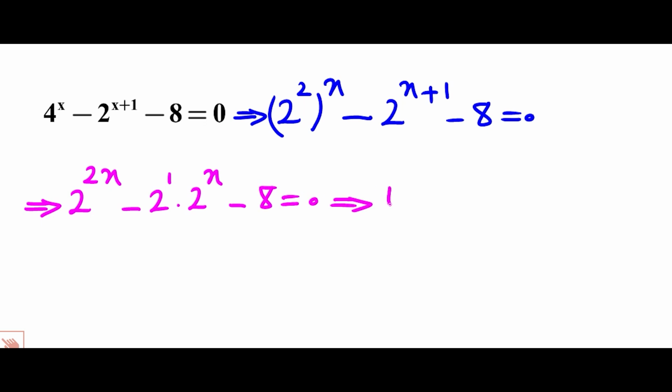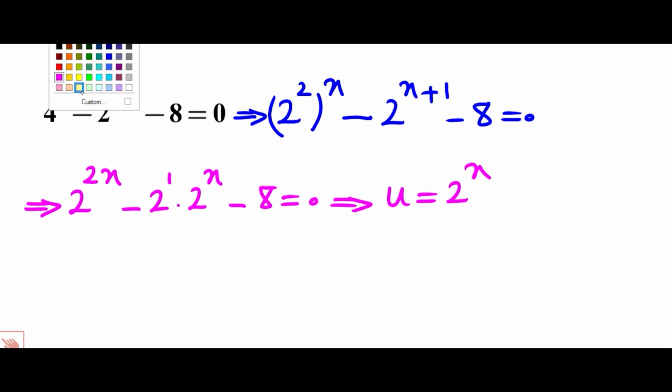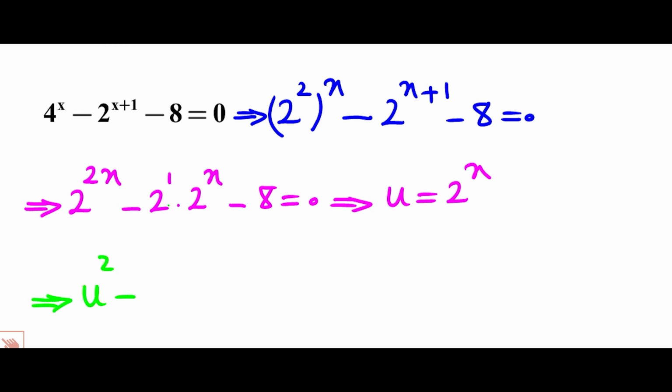Let u equal 2^x. So u squared equals 2^(2x), and we have u squared minus 2u minus 8 equals 0.